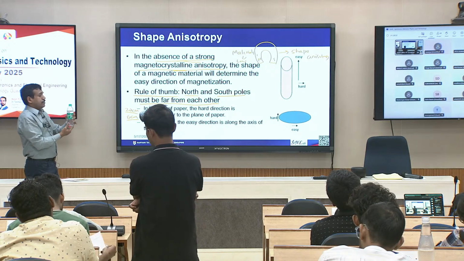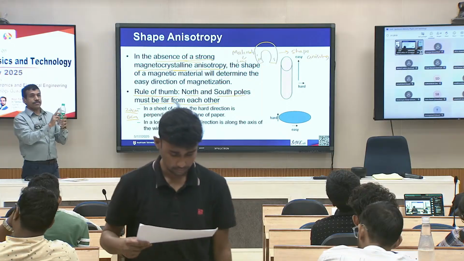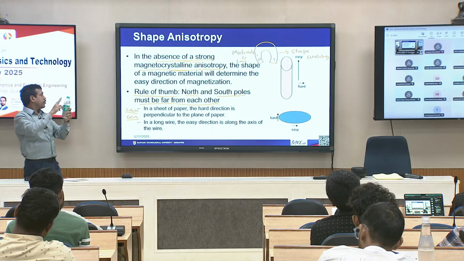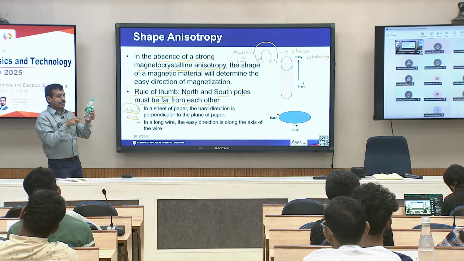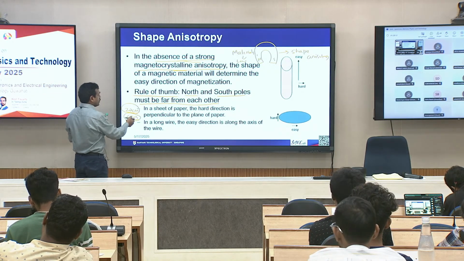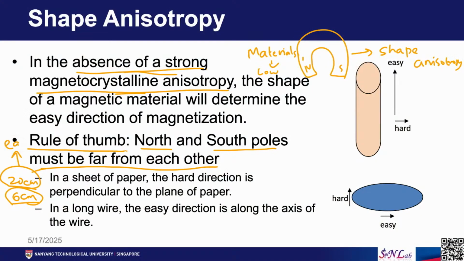So, shape anisotropy dictates that this will be the easy direction, because if you magnetize in this direction, the north and south poles are far away, whereas in this direction the north and south poles are not far, only 6 centimeter. So, this will be the easy direction, and this will be the hard direction.